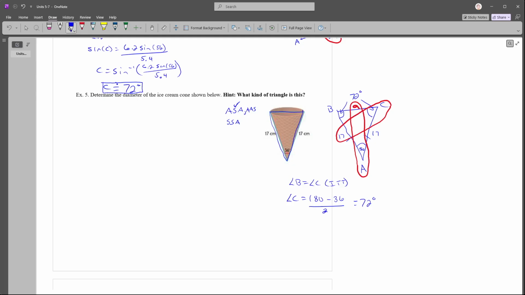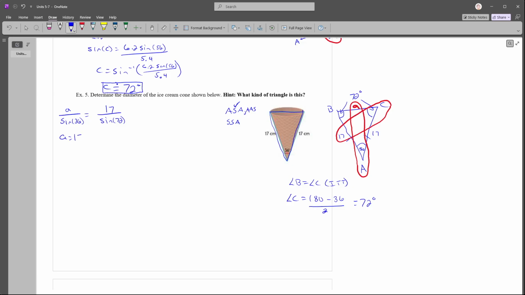Let's just set up the math now. We're looking for side A, and that's going to be over the sine of its corresponding angle, which is 36. And that's going to be equal to side C, which is 17, over its angle, sine of 72. Now we just need to solve for A. So we're going to multiply both sides by sine of 36.